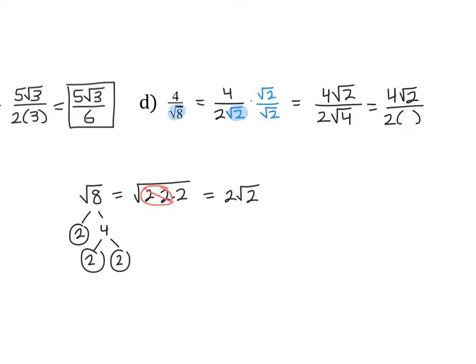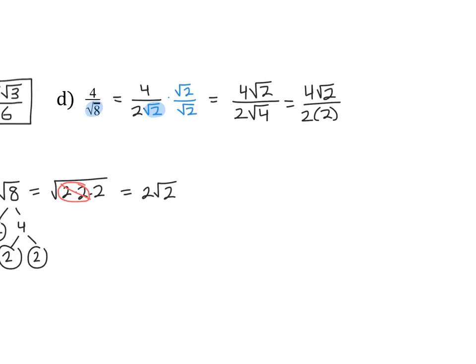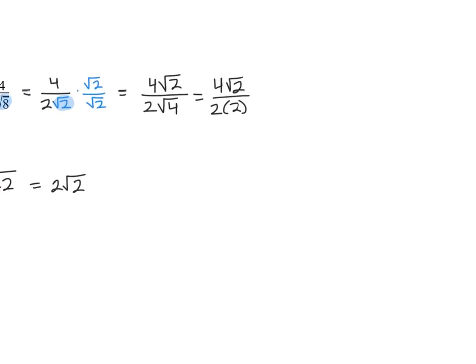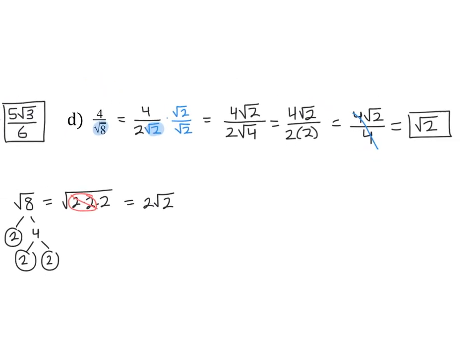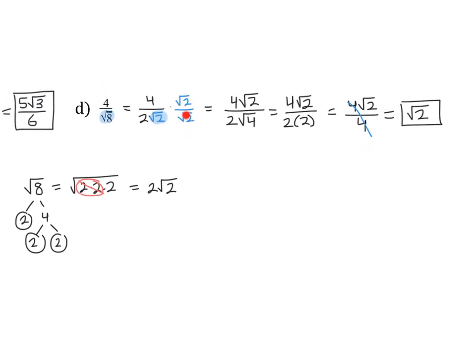The square root of 4 is 2, and then it's just a little bit more simplifying. We end up with 4 root 2 over 4, and we know that 4 divided by 4 is just 1, so our answer is just square root of 2. So you do need to make sure that you simplify all the way. This is the process of rationalizing, so that gets rid of the square root sign, but you still need to make sure that you simplify it because at the end of the day, it's still a fraction.